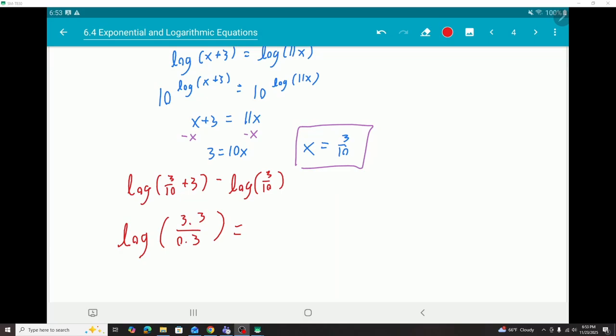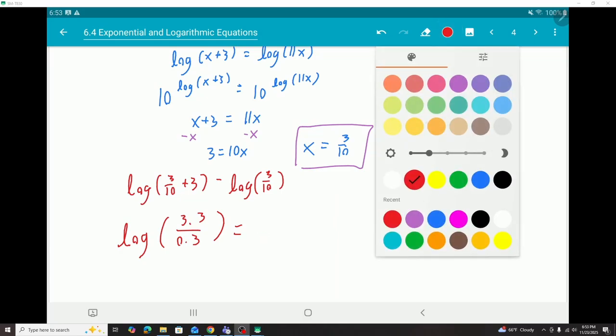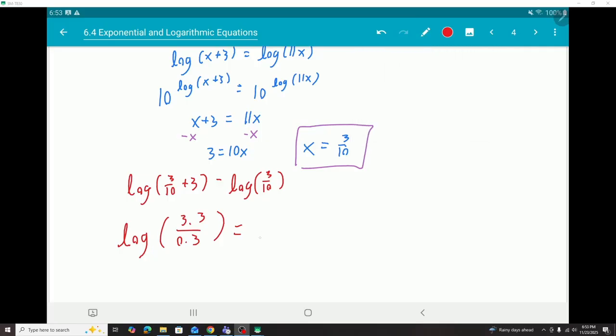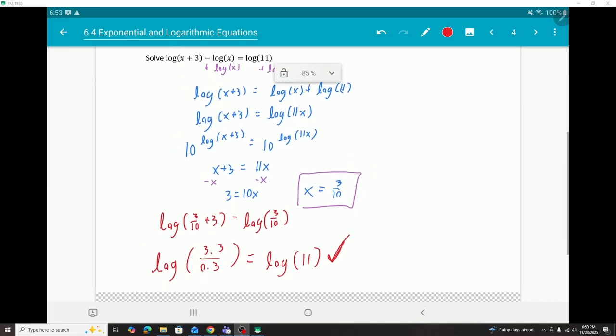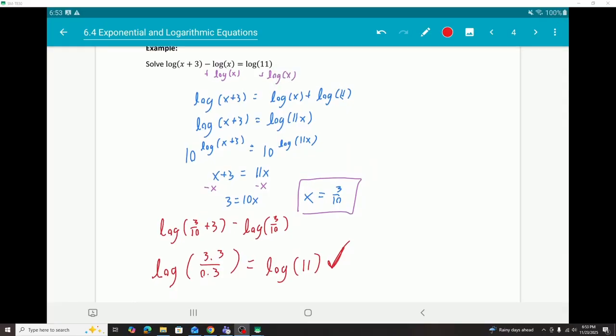But this is equal to log of 11. Just by dividing, 3.3 divided by 0.3 is 11, which is exactly what I was supposed to get. But the idea was I started on the left, worked my way over to the right. And so now I've confirmed that this isn't actually an extraneous solution.